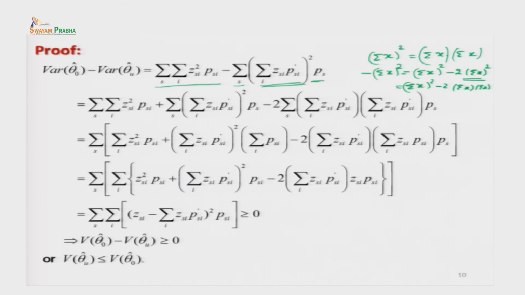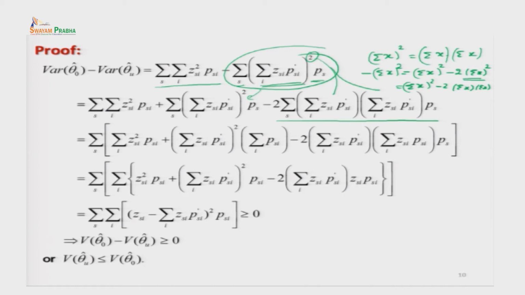That will not make any difference, that is clear-cut algebra. So I write this quantity as summation minus twice summation into summation. You can see this square is now broken into two parts. It does not make any difference, but it will help us in the algebra.